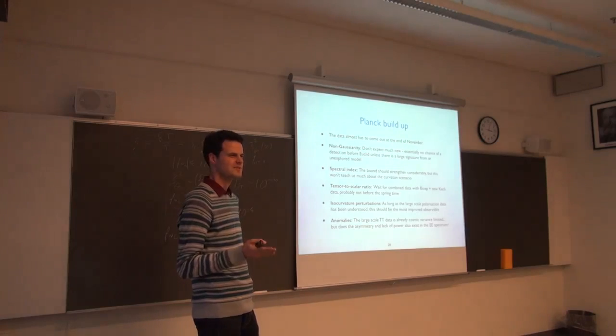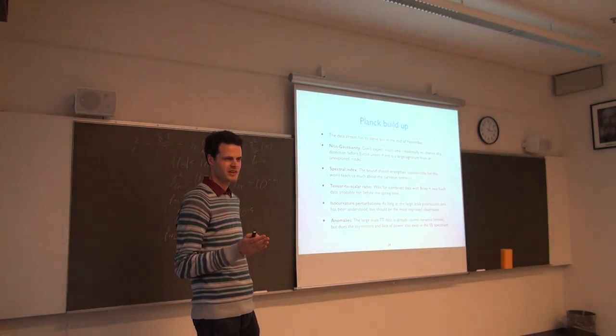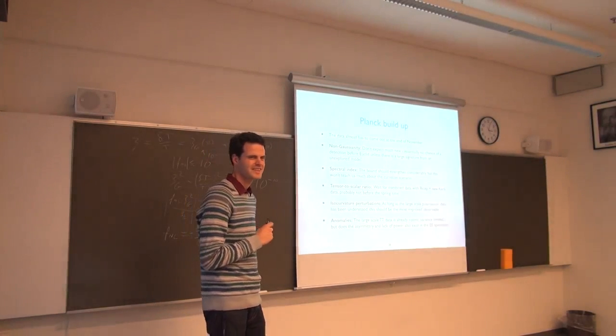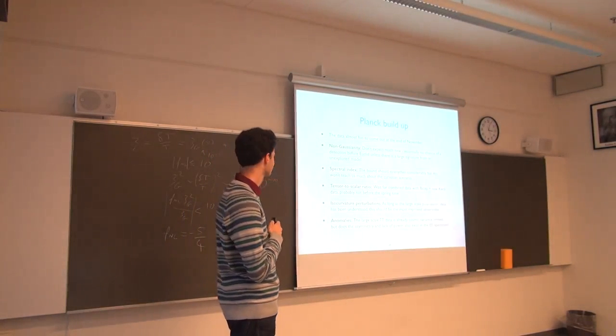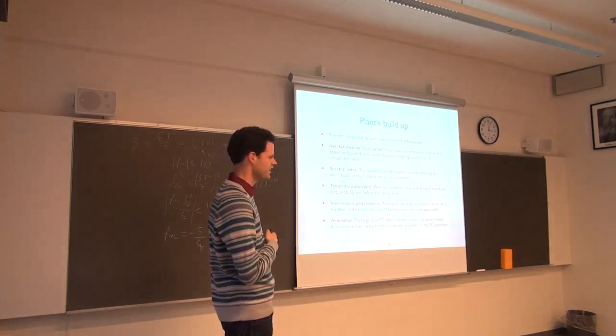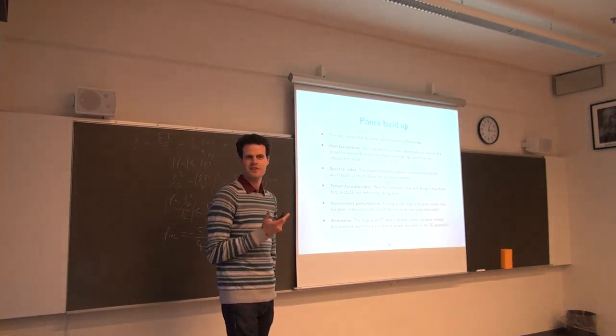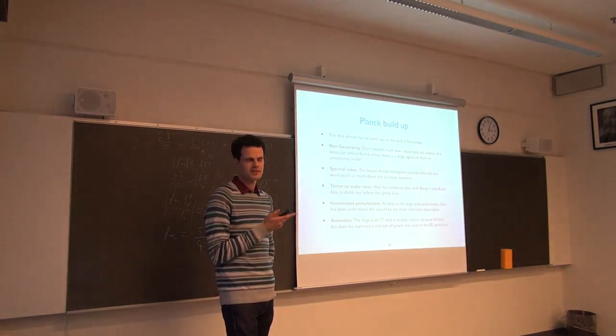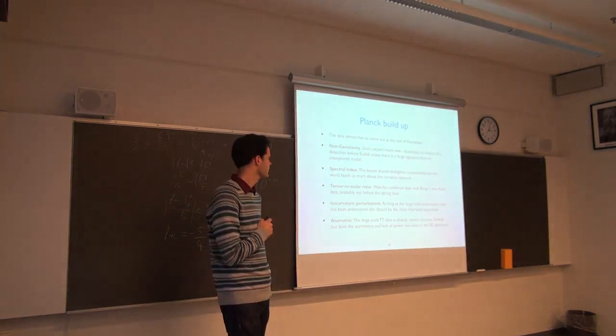It more or less has to come out at the end of November because of the ESA official Planck conference starting on the 1st of December. So they're under a lot of pressure. In terms of non-Gaussianity, we shouldn't expect very much new. They already did a wonderful job with the first year data, and there's not that much new to be learned with polarization.